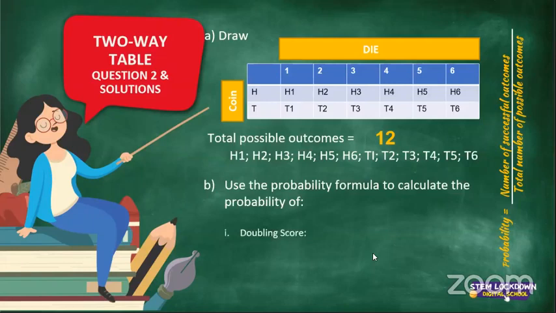So what would be the probability if we had to calculate when our score will double? Remember, the question said for us to double the score on the die, the coin needs to land on a head. So how many possible outcomes are there for us to double our score?